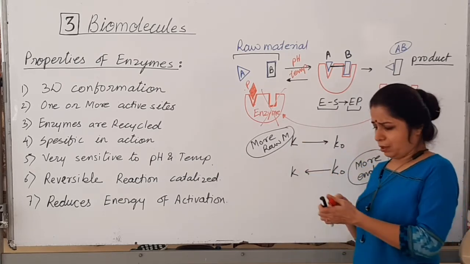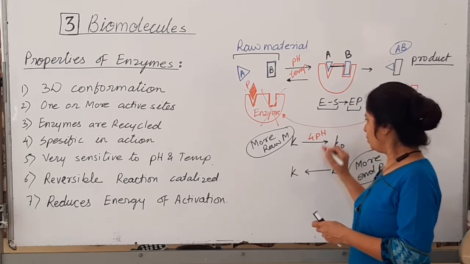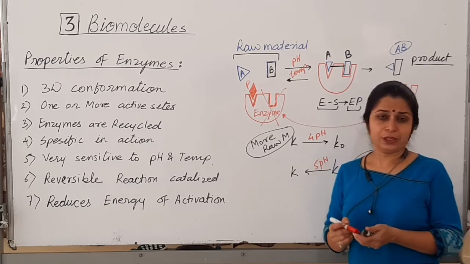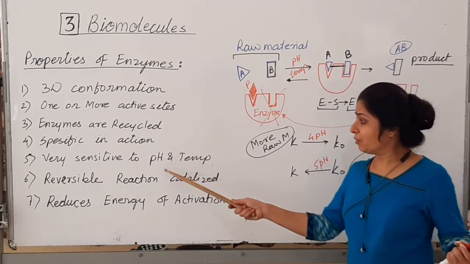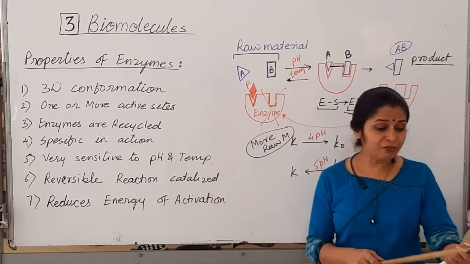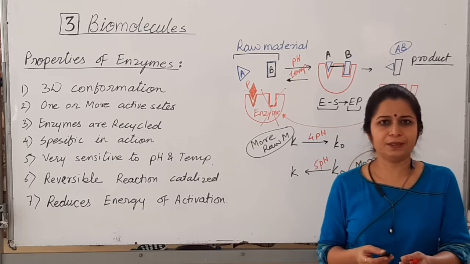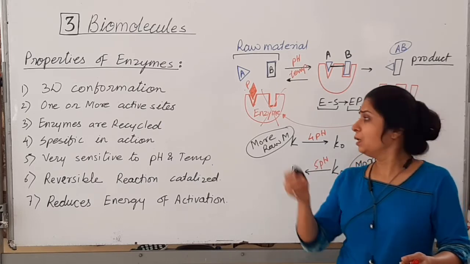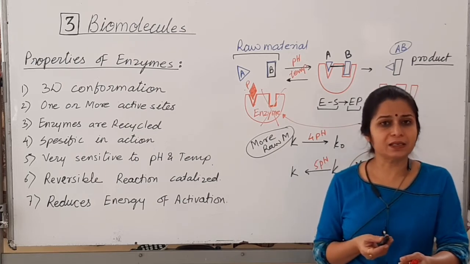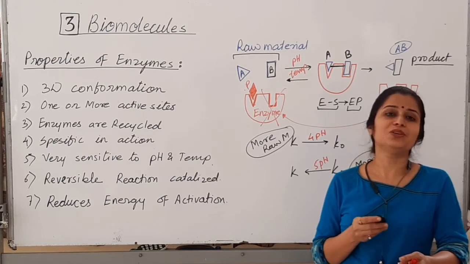Or it might be that this chemical reaction is happening at pH 4, then this chemical reaction will happen at pH 5. Okay, so this is what a reversible reaction is, and enzyme reduces the activation energy required for activation of raw material. So this is what enzyme as a biocatalyst is. You can relate its activity with a catalyst, and you have to relate this with your chemistry.